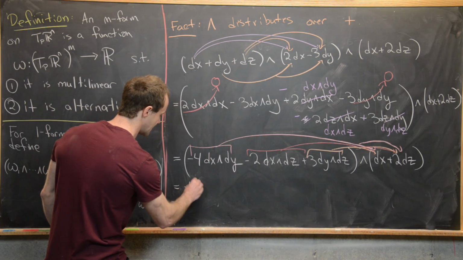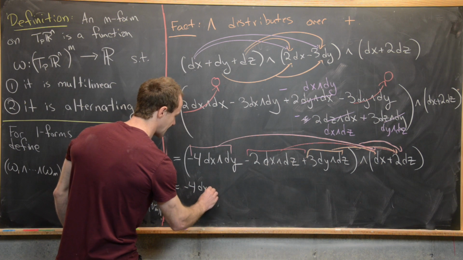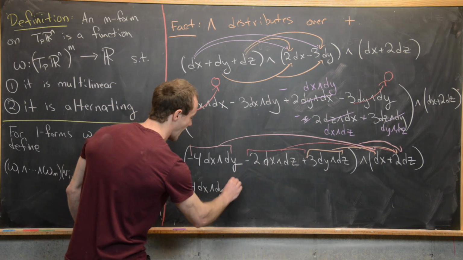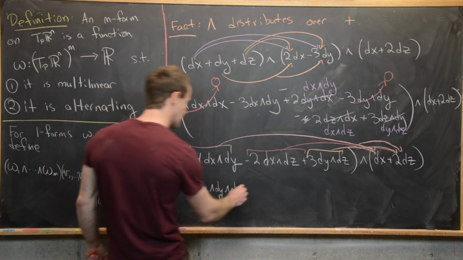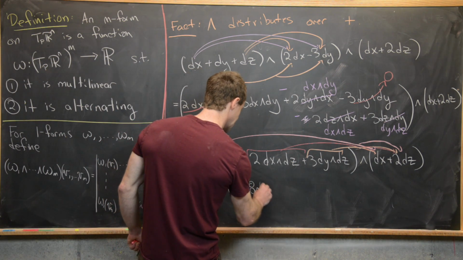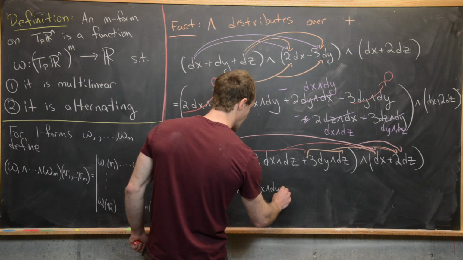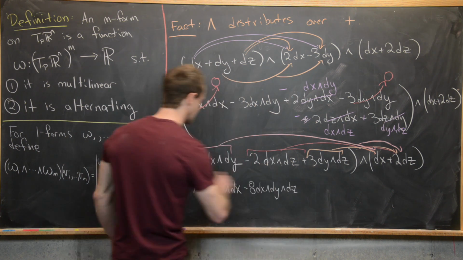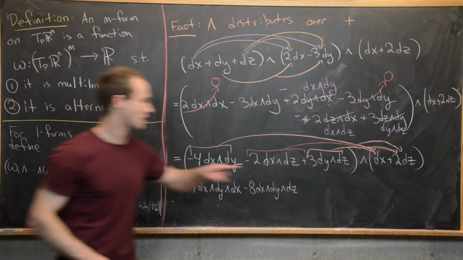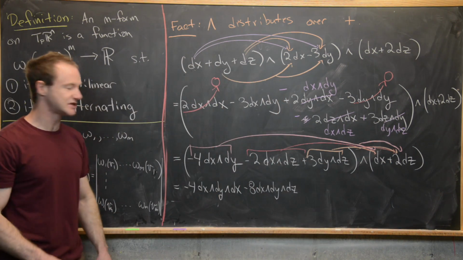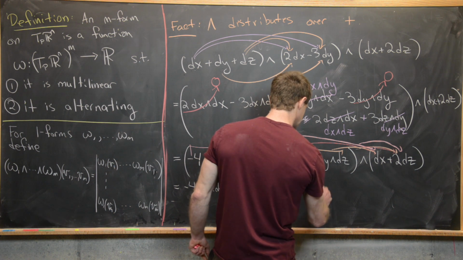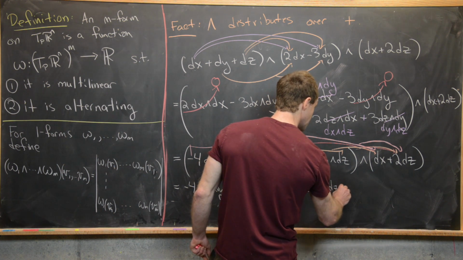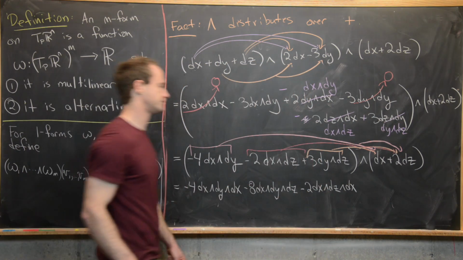So here we'll have minus 4, and then we have dx wedge dy wedge another dx. So that's what we get for the first bit. And then minus 8 dx wedge dy wedge dz. So that's what we get from this term hitting the 2dz term. And then next we're going to have minus 2 dx wedge dz wedge dx.